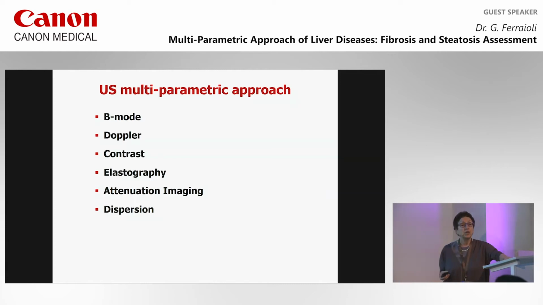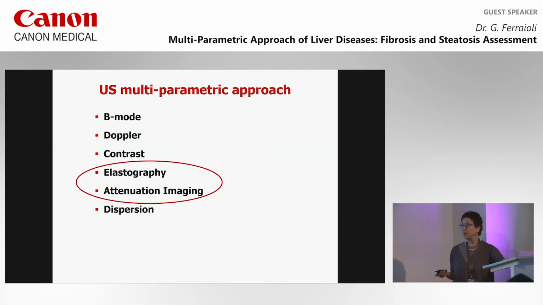We have the B-mode image, but we may obtain several parameters with the same equipment. The Doppler, contrast, elastography, attenuation imaging for the quantification of liver steatosis, and the dispersion related to inflammation.